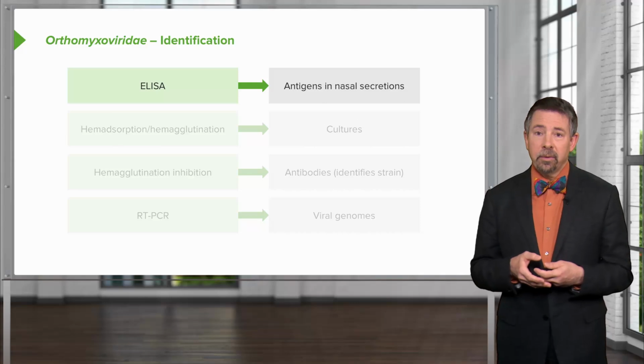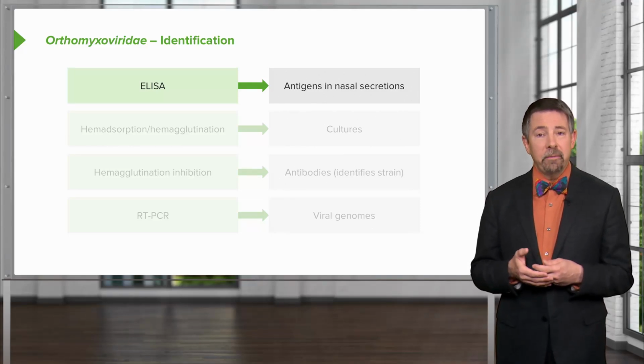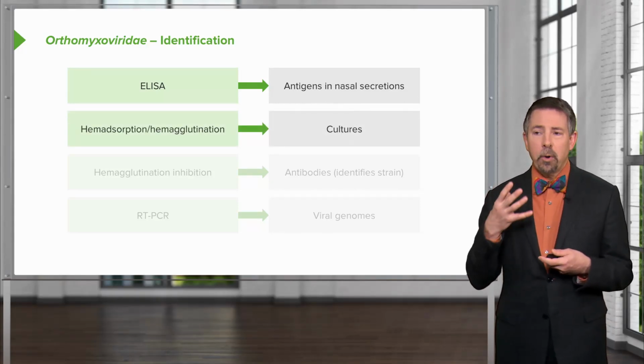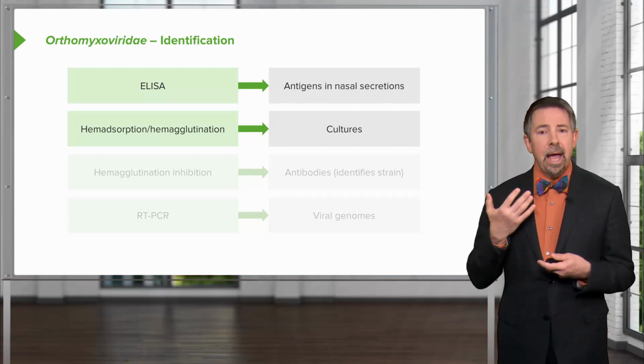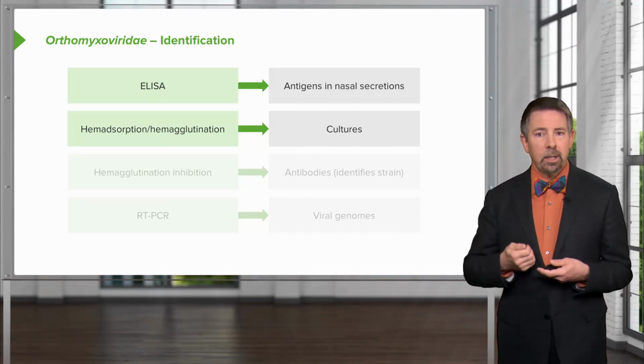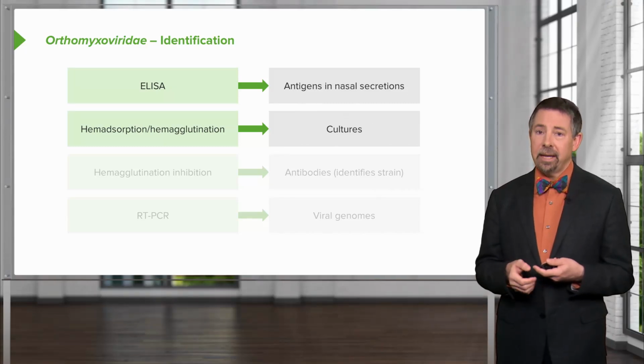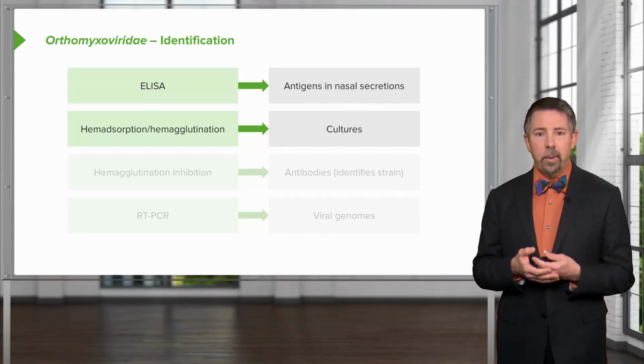And if you are suffering from the flu right now, you know that you have plenty of nasal secretions to sample. If one then takes that same specimen, or perhaps the oral mucosa, and cultures that on appropriate culture cells, then one can do a hemadsorption and hemagglutination assay to look for presence of influenza.